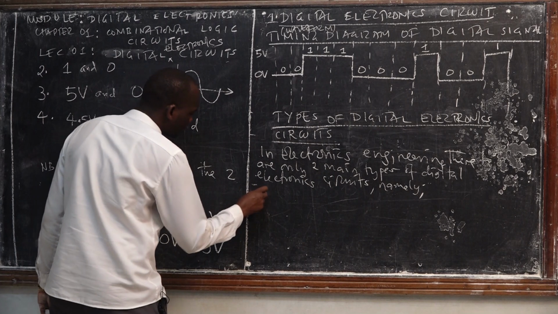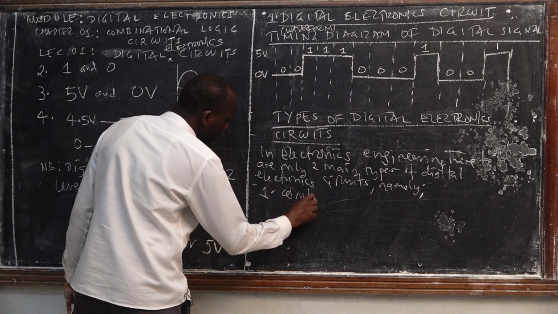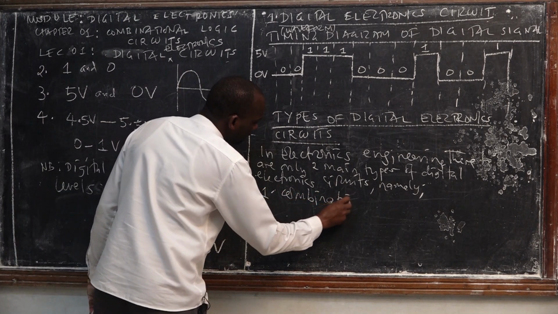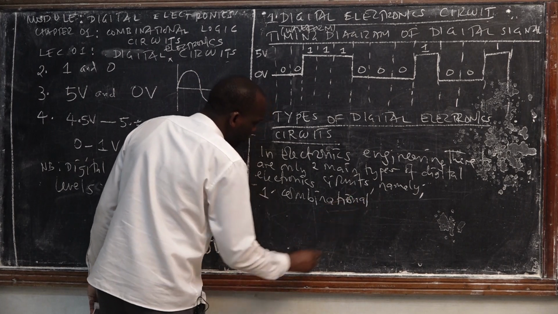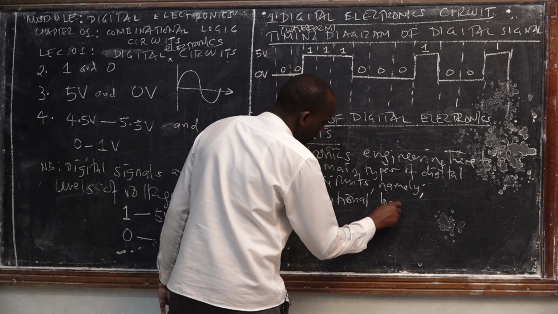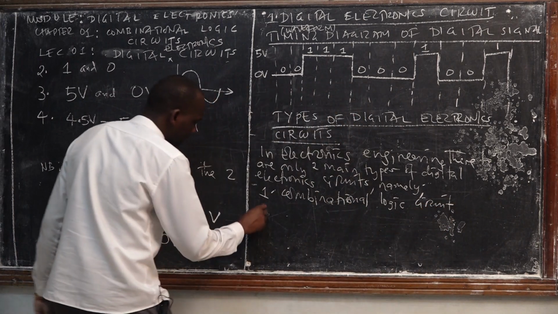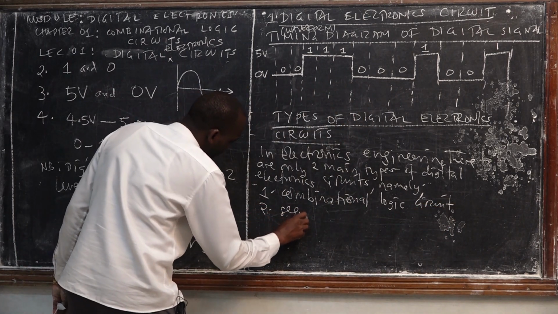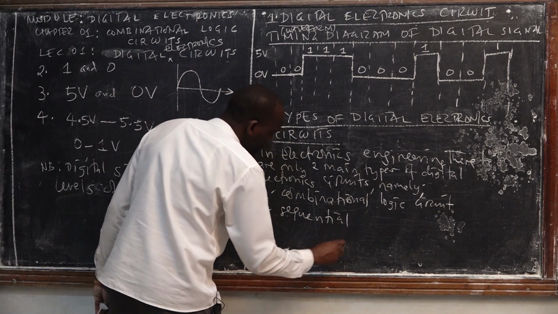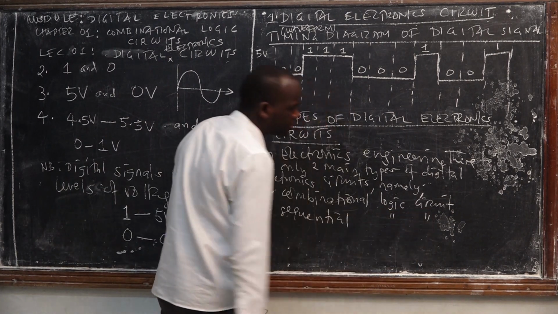Namely, the first one we call combinational logic circuit, and the second one we call sequential logic circuits.